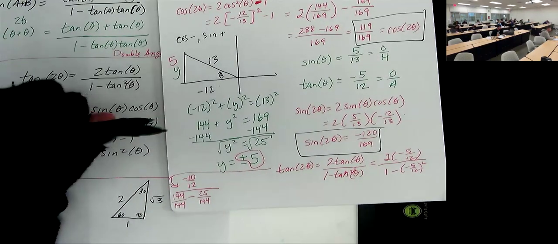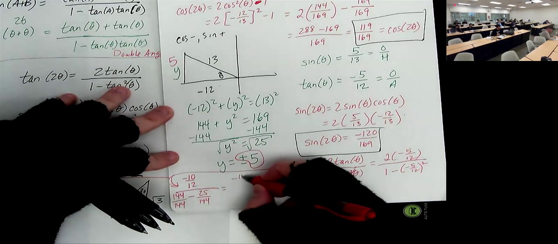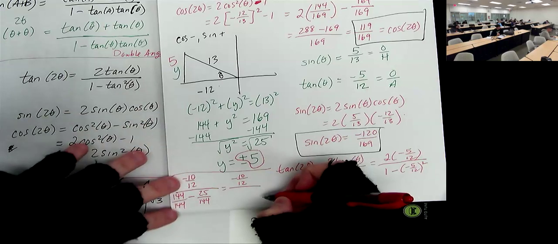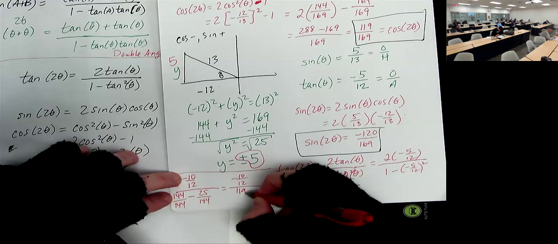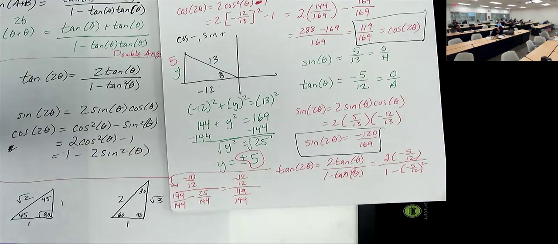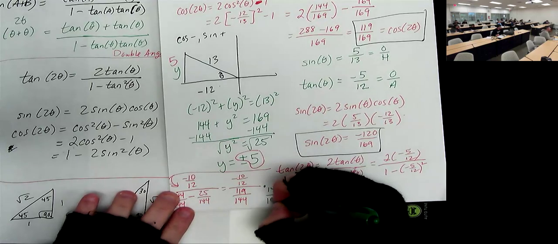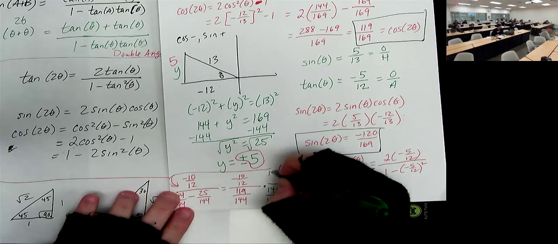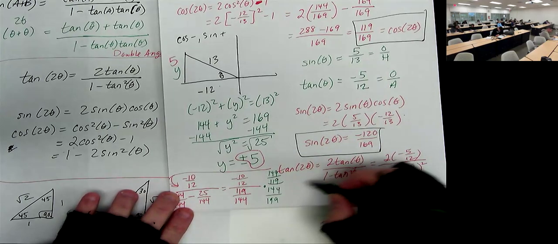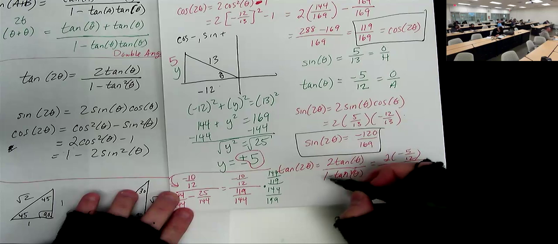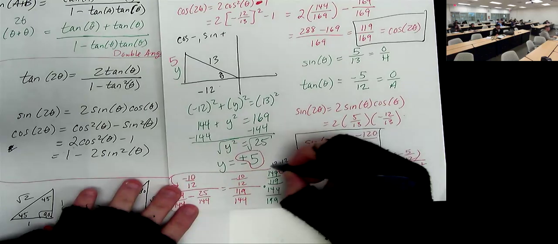I'm doing this without the calculator, if you do it in a calculator, it'll go faster. So you got -10/12 over 119/144. And then you multiply by the reciprocal of the bottom. So 144 is 12 times 12, this 12 will cancel that 12.